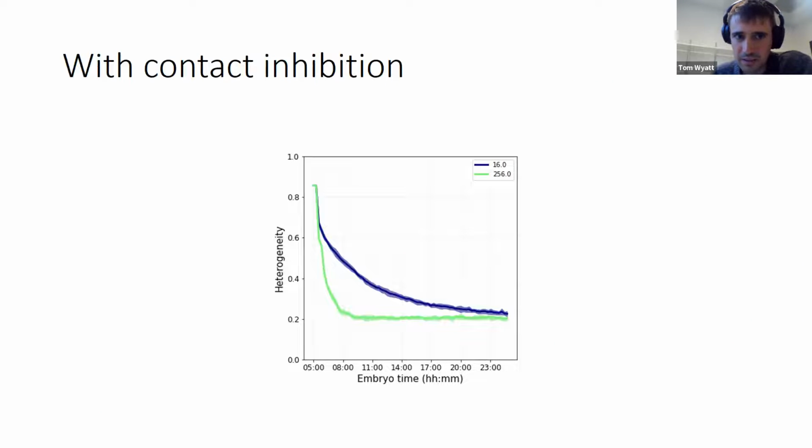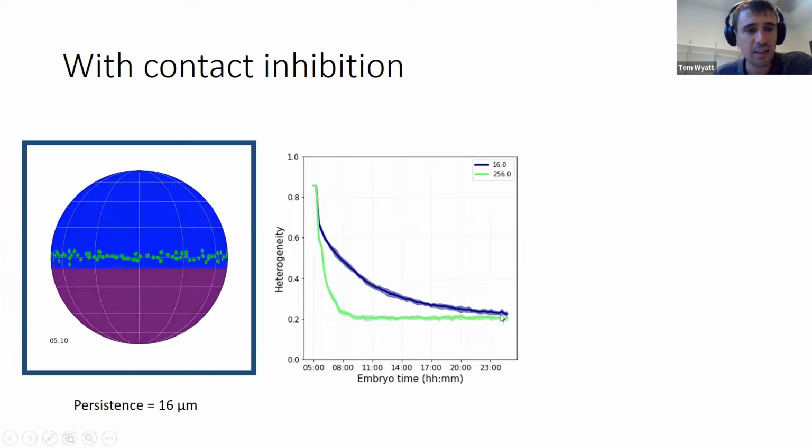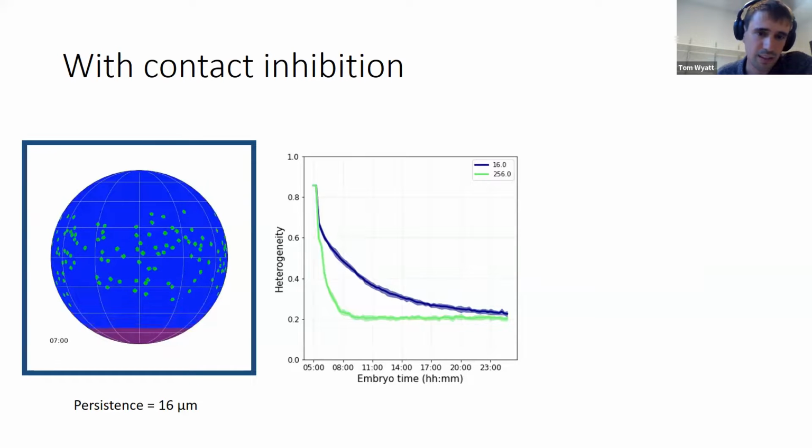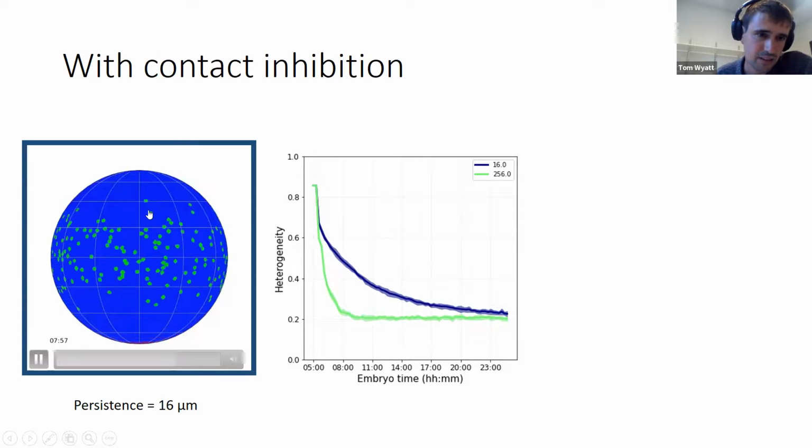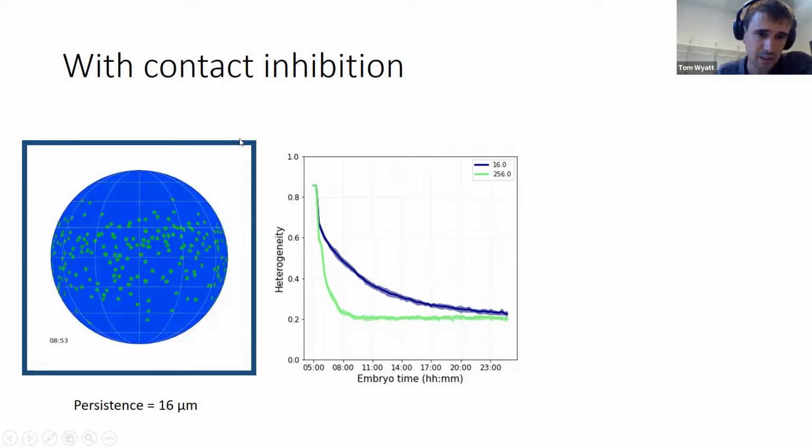But if we look at the case with contact inhibition, we get a very different result. Firstly, again, when cells have a long persistence length, they do much better at the start, but in this case, they continue to do better, and that's obvious in the simulations when you watch them. Again, at lower persistence length, the cells are slow to reach the poles.